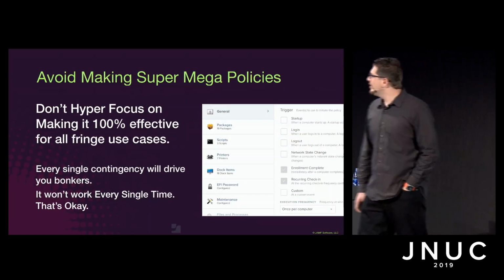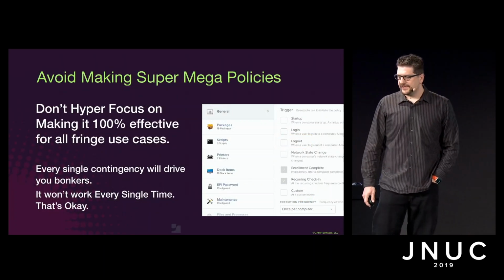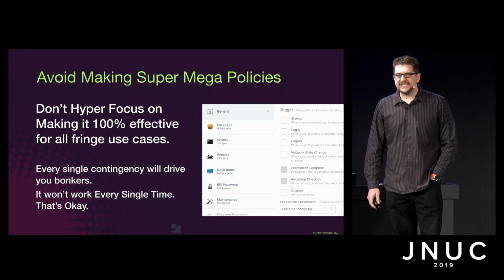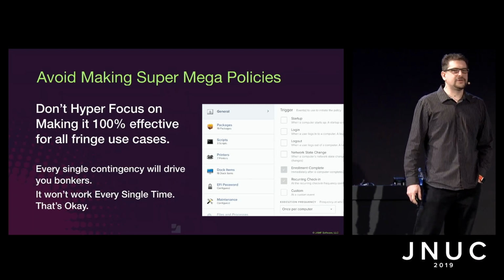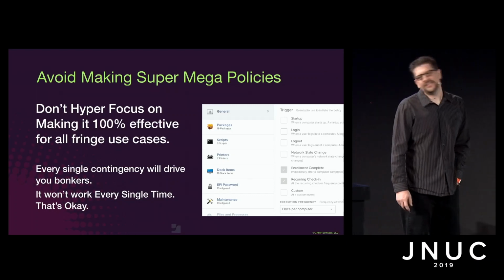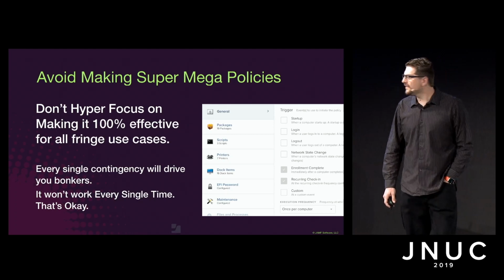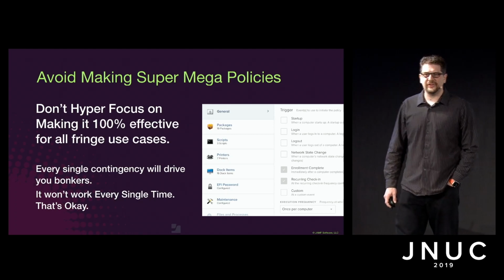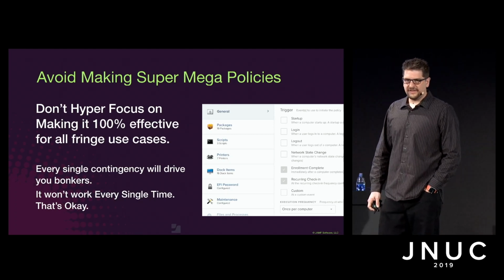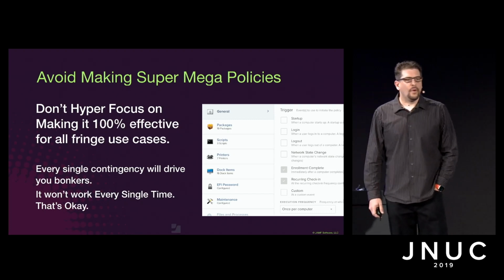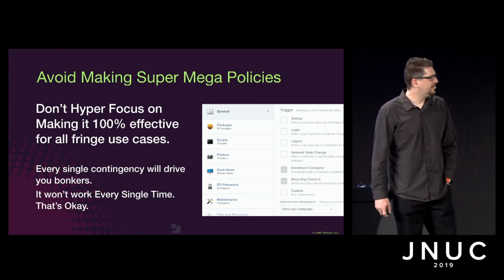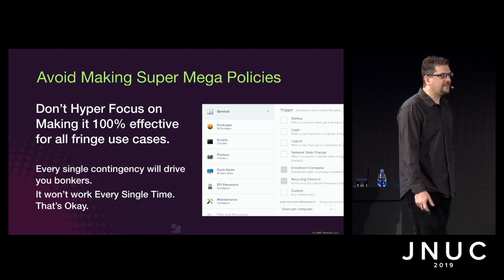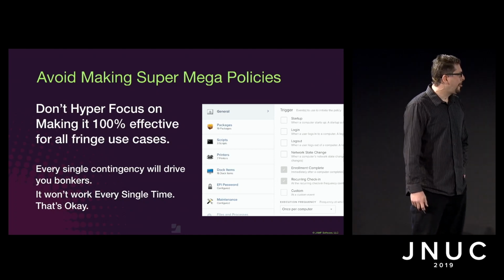I put on here avoid making super mega policies. I realize we're not getting too deep into this, but the idea that you've got one master policy in Self Service that changes its icon, and it does six packages, and a few scripts, and it also installs the printers, and it's this mondo thing. It has one function, and you can't reuse it. It's hard to test. It's hard to debug.